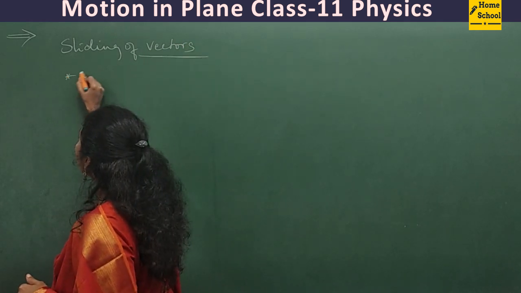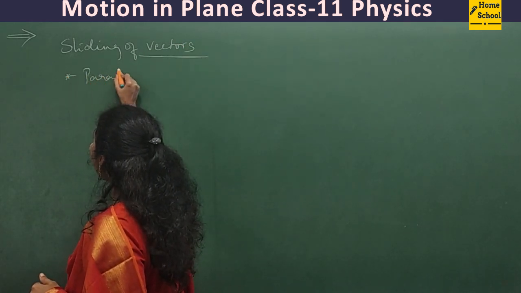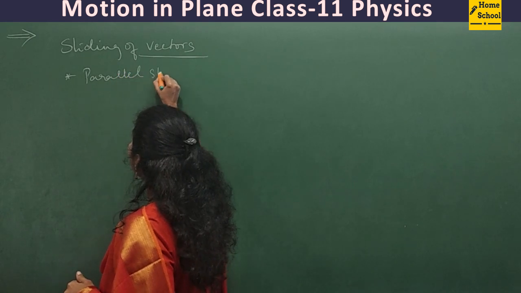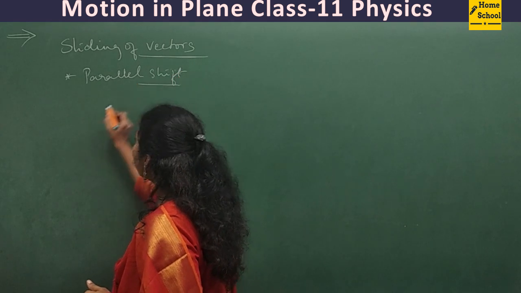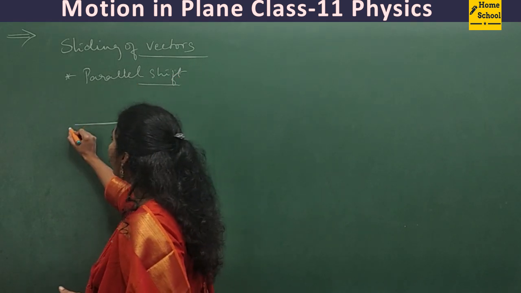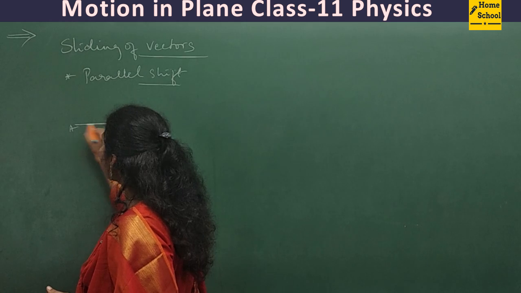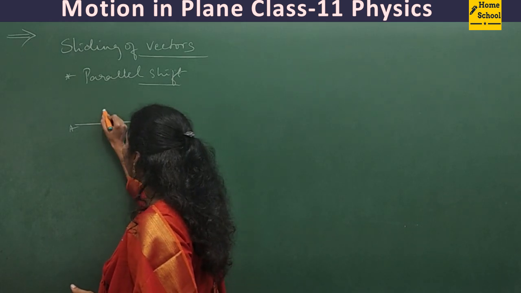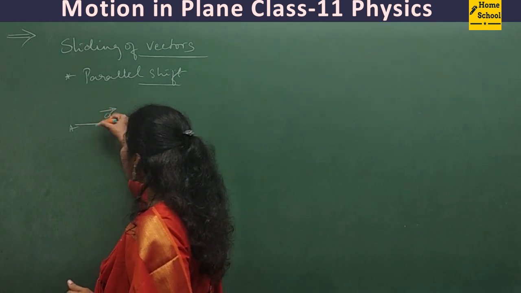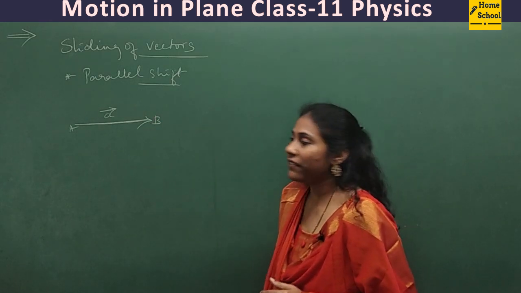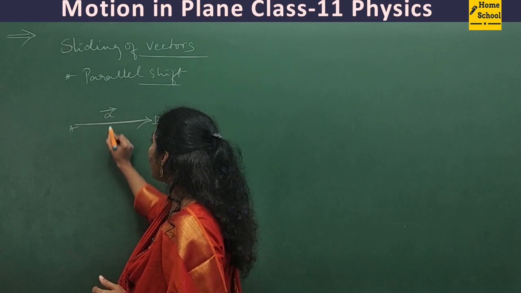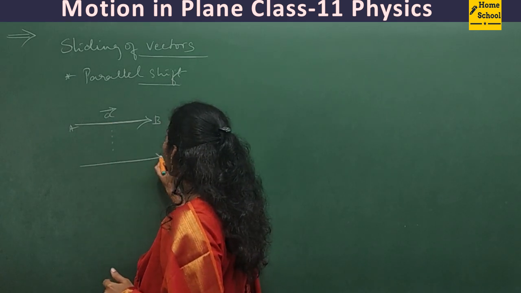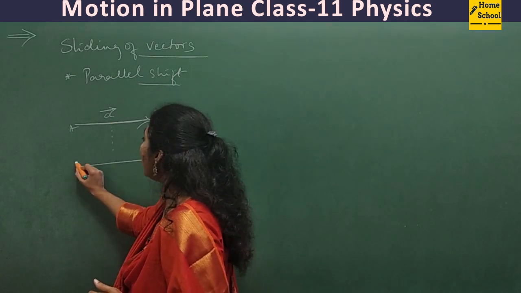Here you need to understand about parallel shift. Imagine this is a vector AB, or I can call it A vector. I can shift this vector from here to here so that its direction will not be changed.